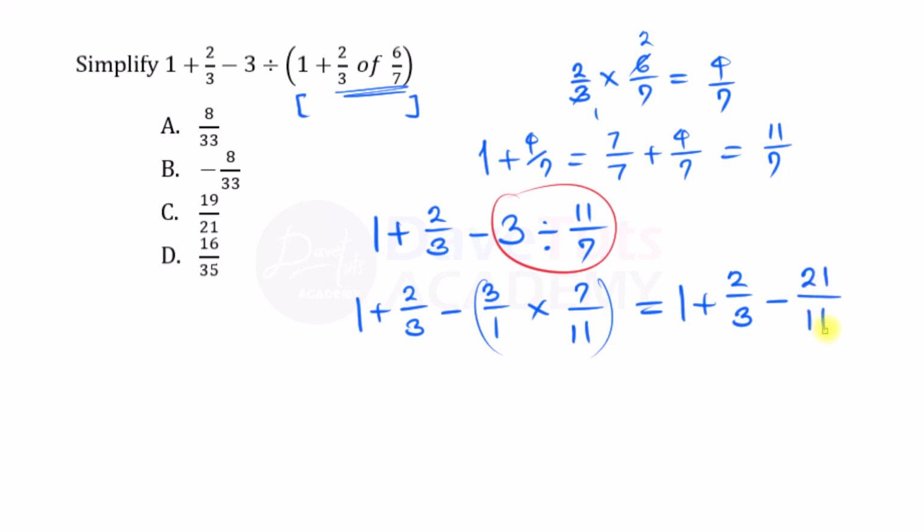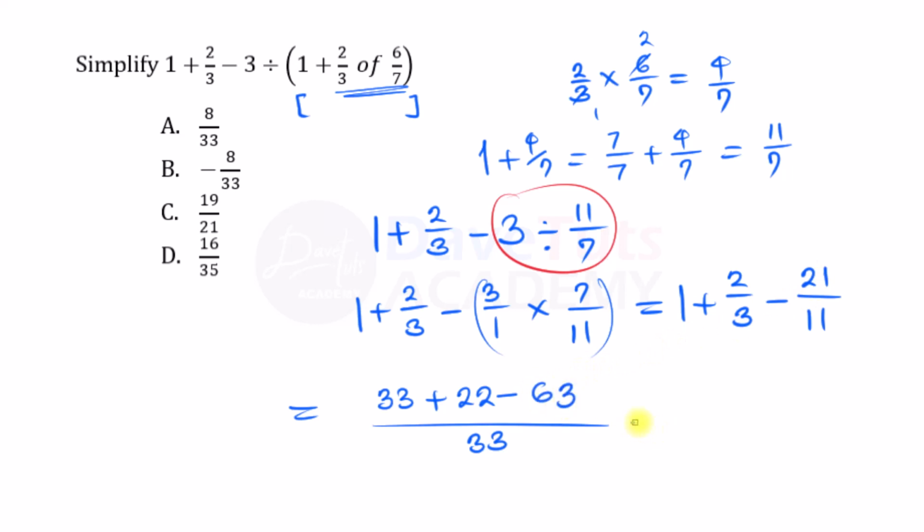1 over 11. Okay, so this is what we now need to express. The denominator 33 is going to be the product of these two, and then 1 will be 33 over 33 plus 2 over 3, to express it as a baseline of 33. 3 can go in 33, 11 times 2, that will be 22, minus 11 in 33 is 3. 3 times 21 will be 63.